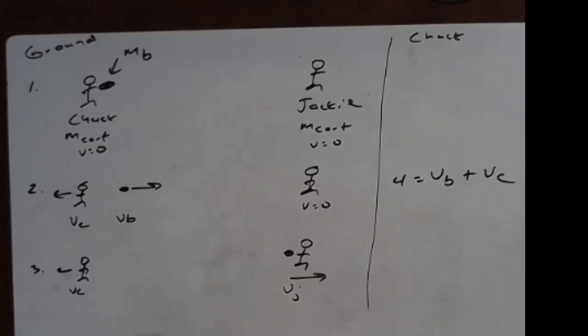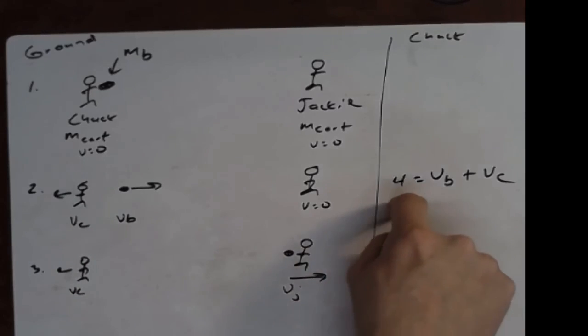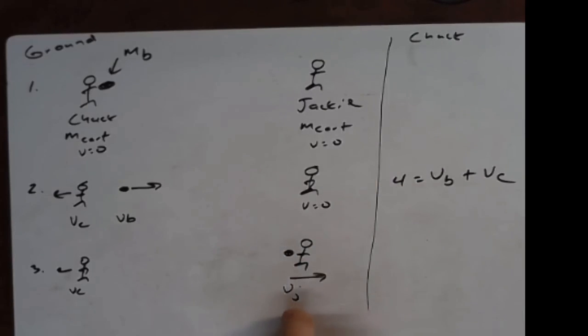Then figuring out how fast those two things must be going in terms of each other and in terms of that velocity relative to each other. And then we've got another interaction between the ball and Jackie and figuring out her velocity in terms of the ground speed and the speed relative to Chuck. All right.